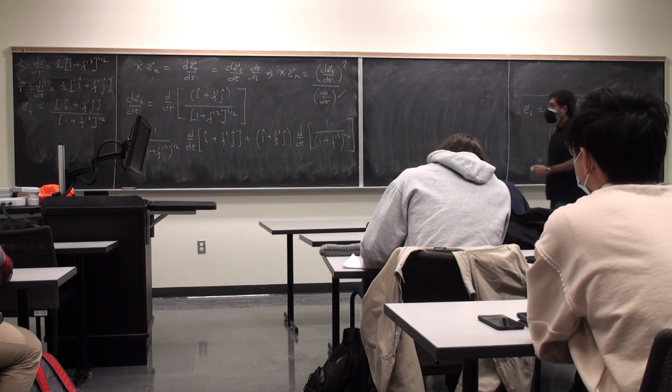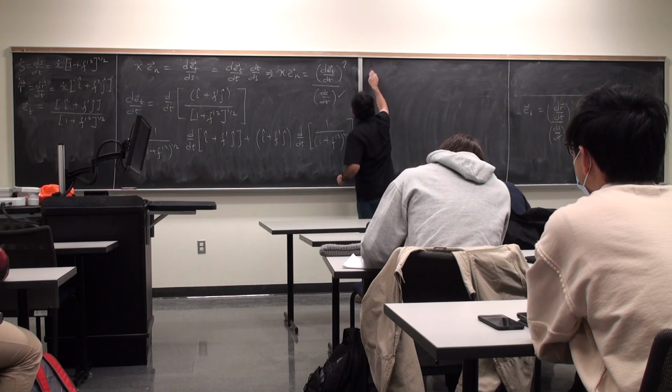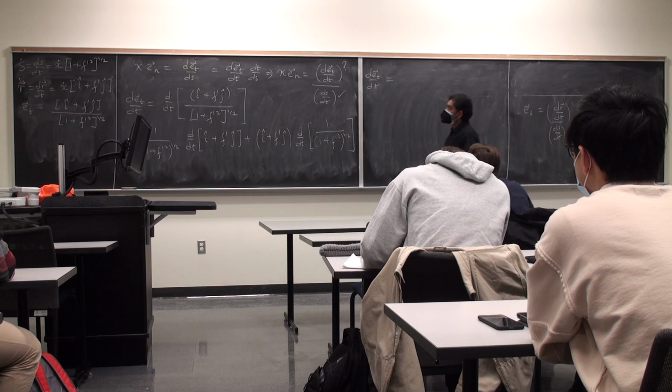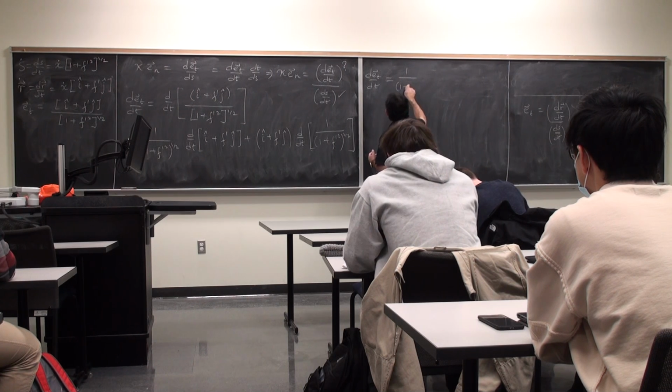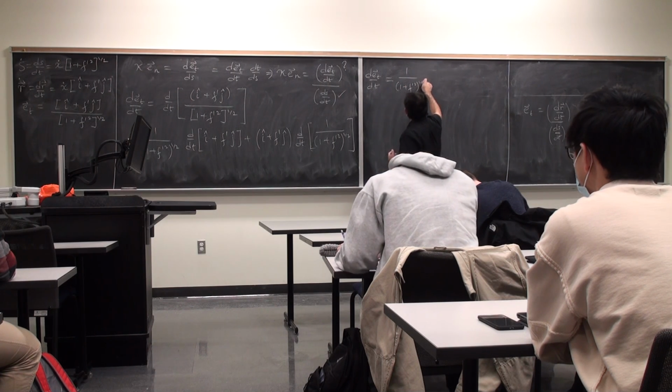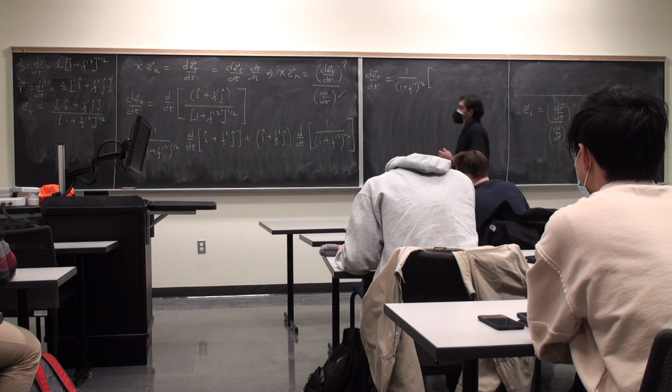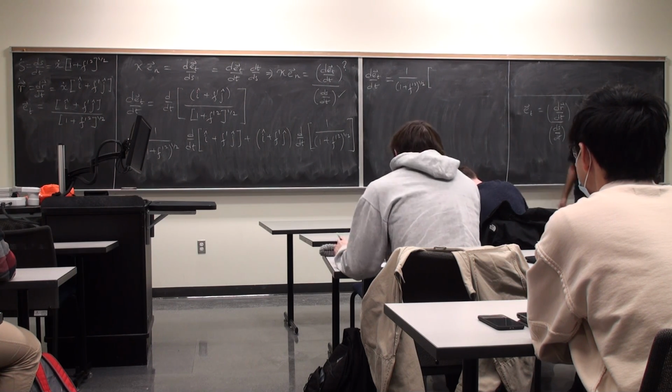So term by term, the first term 1 by 1 plus f prime square to the power 1 by 2 remains there. d by dt of i hat is 0. So that's going to be 0.